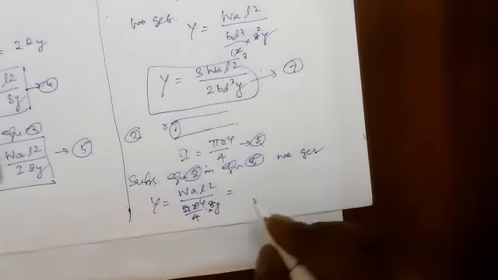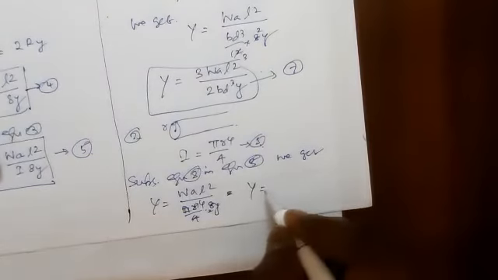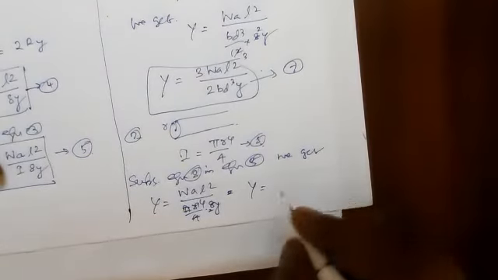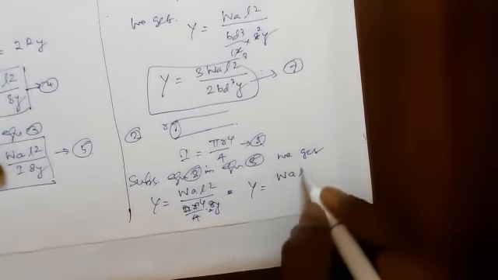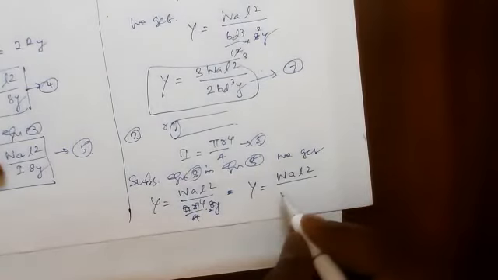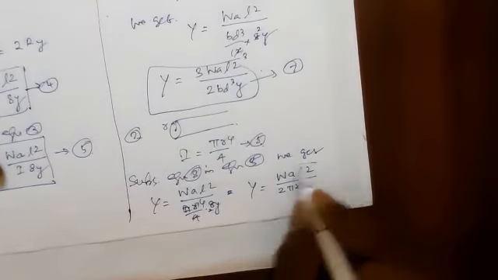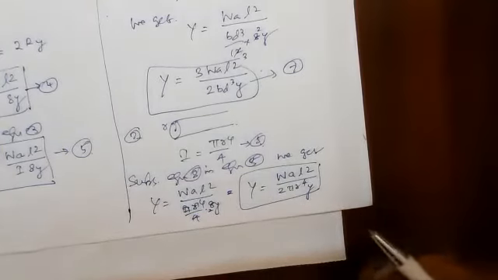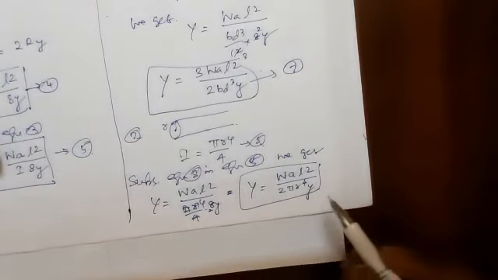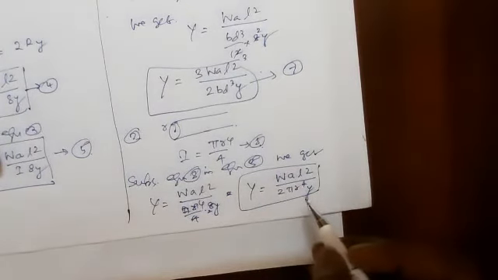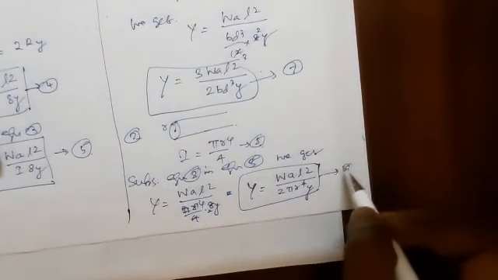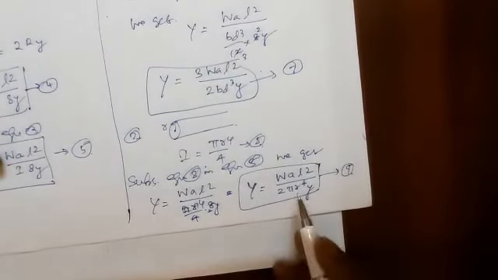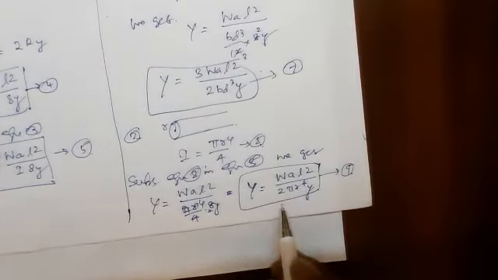We can write Y equal to WAL squared divided by 2 pi r to the power 4 y. This is the equation for Young's modulus of a circular beam.